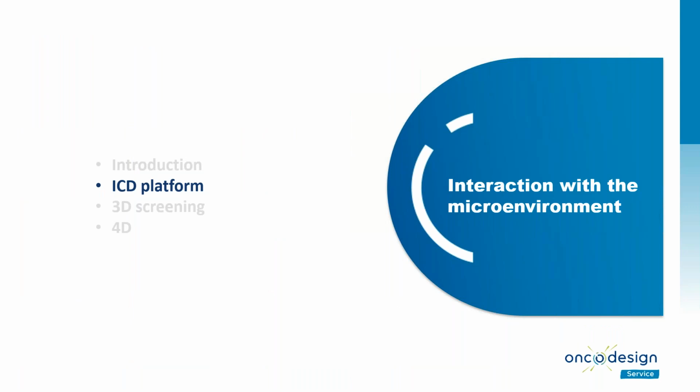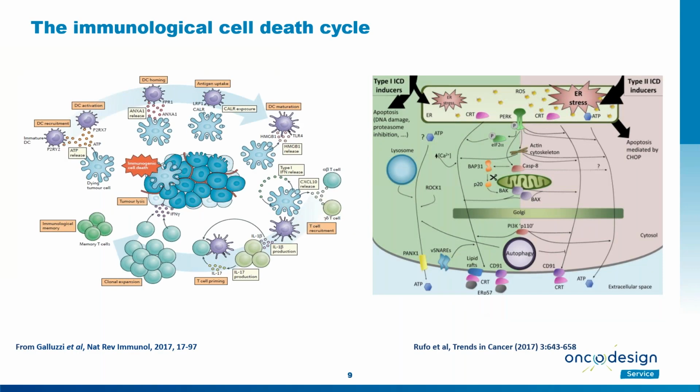So I will now move to a few examples, and the first one I want to detail is how we developed a platform to support compounds that are supposed to act as immunogenic cell death inducers. The immunological cell death cycle is an interaction between immune and tumor cells, and at the very start of the cycle you have dying tumor cells, and then they release signals that will bring DC, so dendritic cells, close to the tumor.